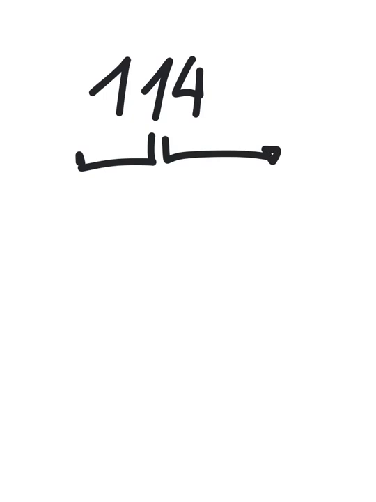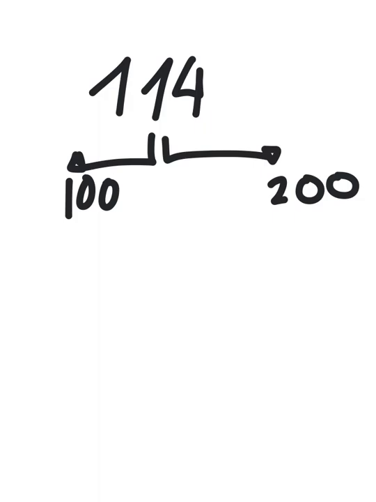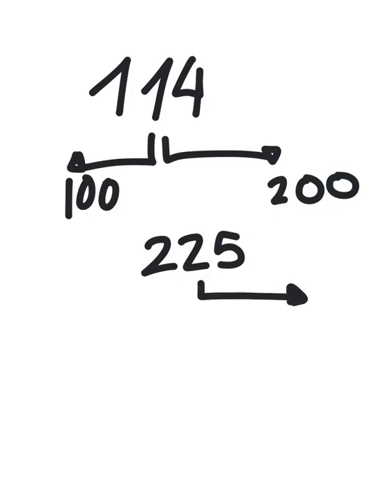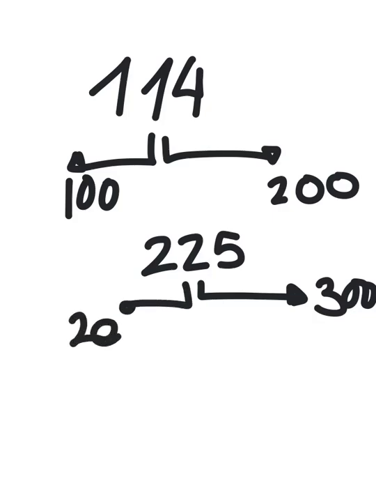If we go all the way up to the next 100, this will be 200. But if we go all the way down, this will be 100. For example, 225. The higher 100 will be 300. The smaller 100 will be 200.